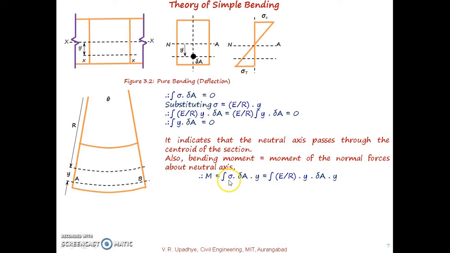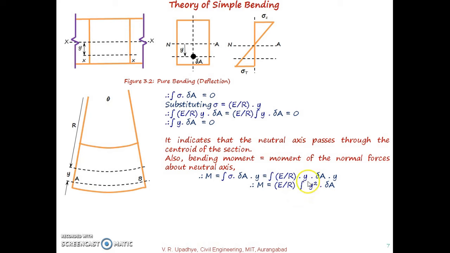So earlier what we have written is sigma is equal to E divided by R into y. So if we substitute it over here, integral E divided by R into y, and delta A as it is, and this term y is as it is. So again E and R are constant, so if we take them out, the equation becomes M is equal to E divided by R integral.